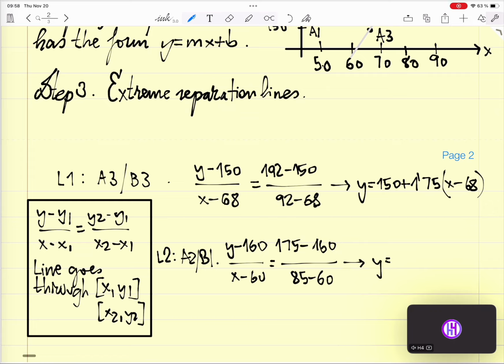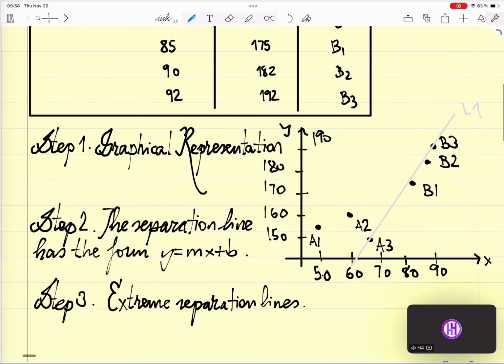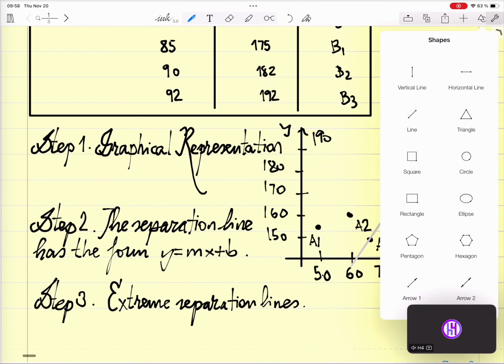So it has the equation y equals 160 plus 0.33 times (x minus 60). This is going to be the second line, by the way.